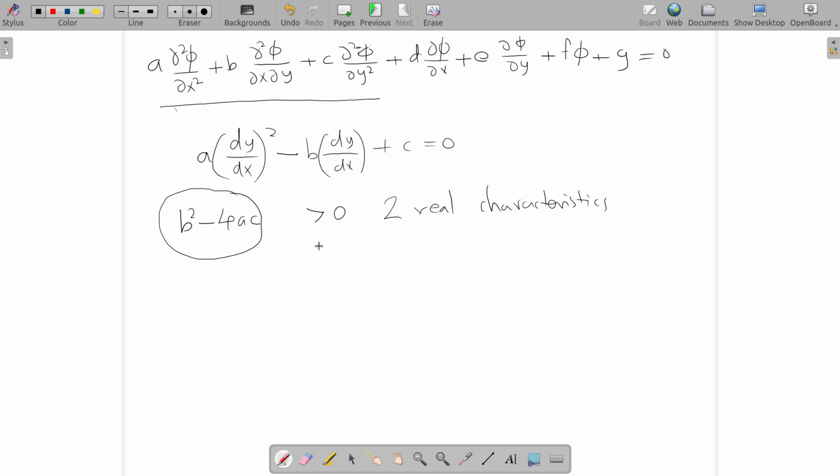If it is equal to 0, one real characteristic, and if it is less than 0, you have no characteristics.